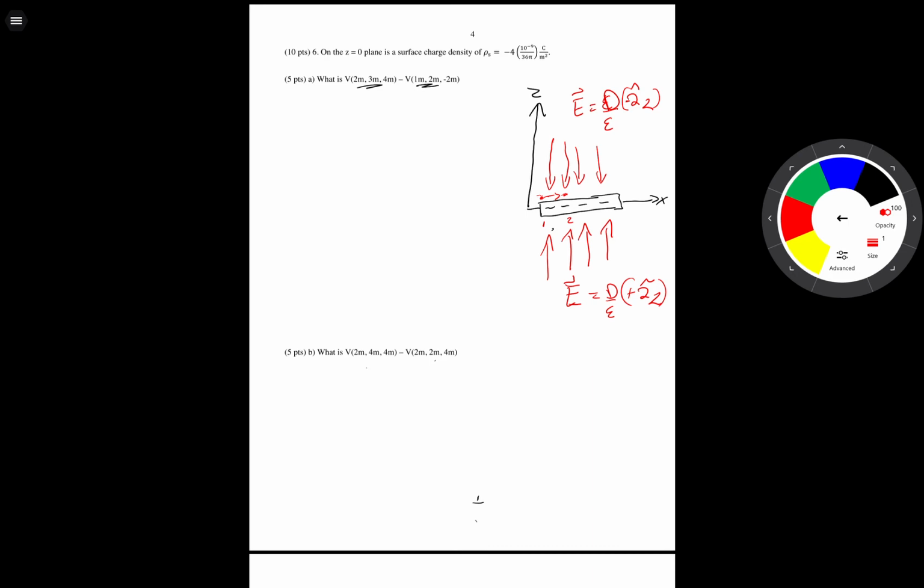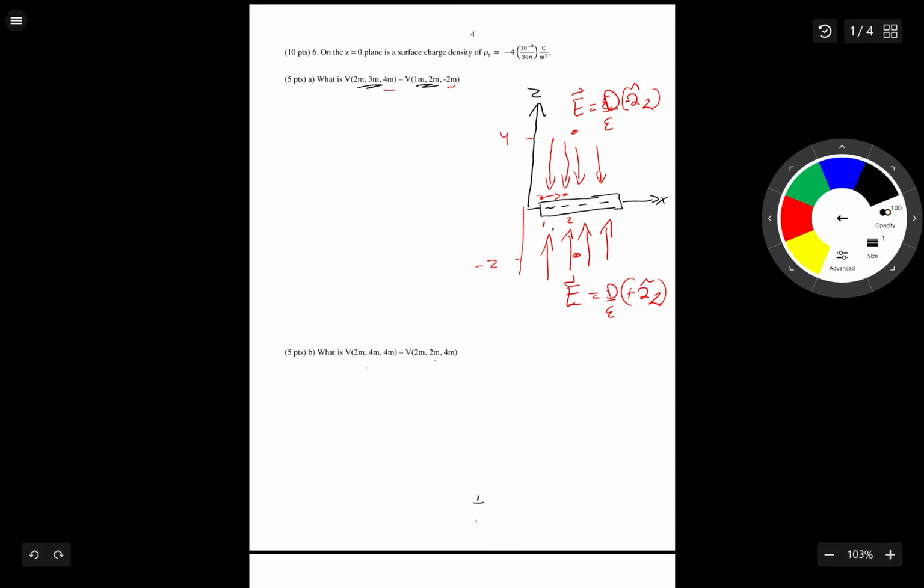So what next? We only care about the z-axis. We only care about moving our charge, let's suppose from this point to this point. This is where our potential difference is going to be.